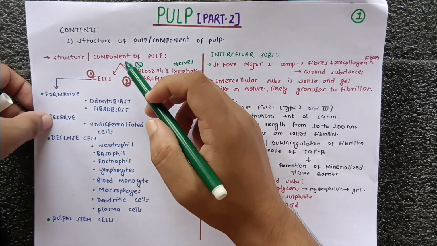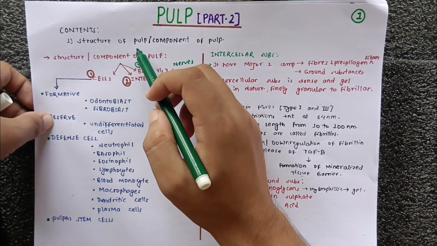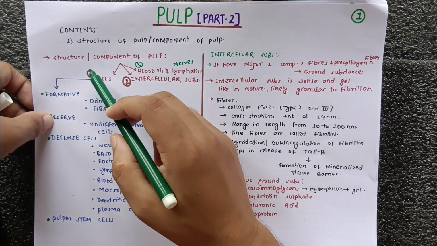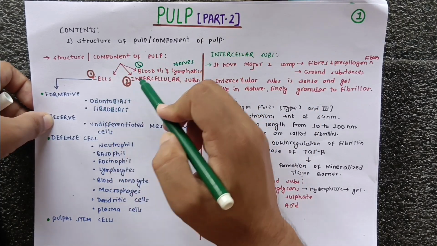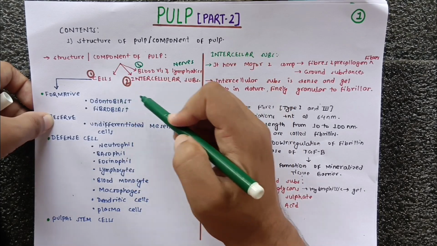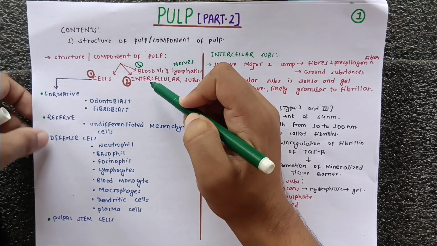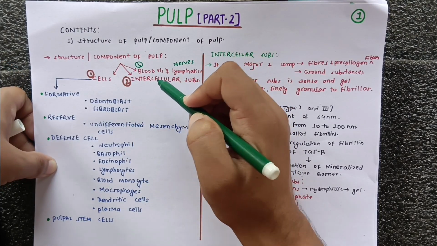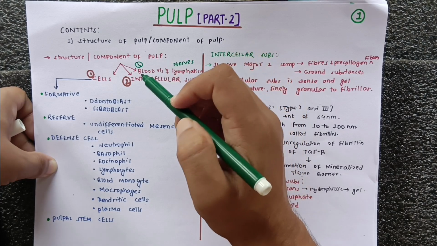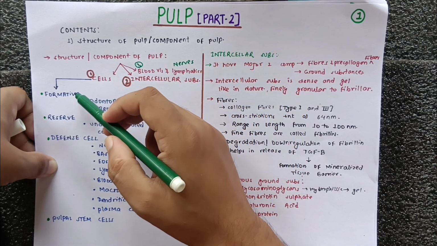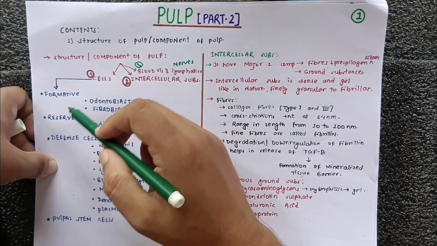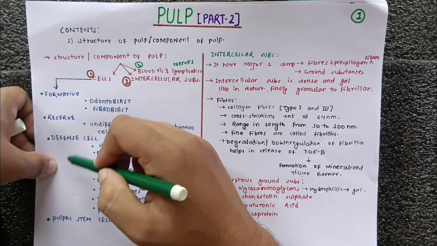In this video we will be discussing the structure, or the components, of the pulp. We have three major components: one is cells, another is intercellular substances, and another is blood vessels, lymphatics, and nerves. In the cell section we have 4 types of cells.